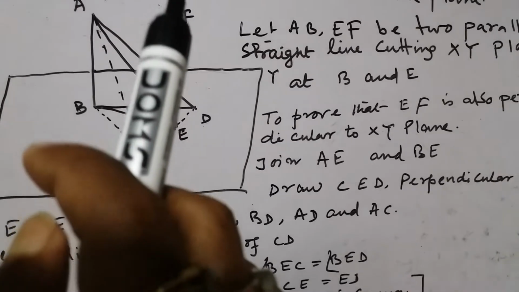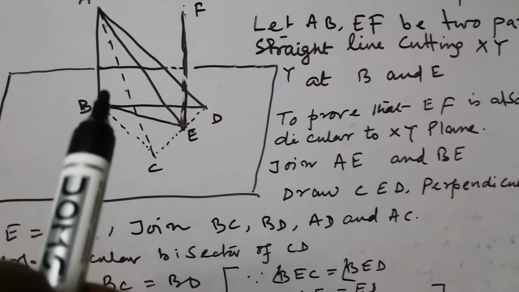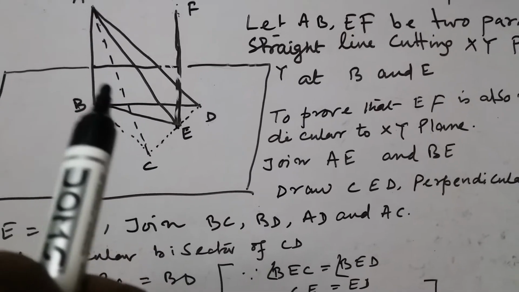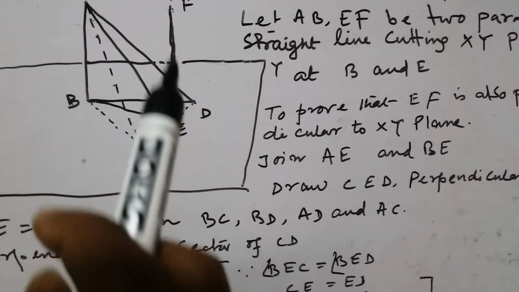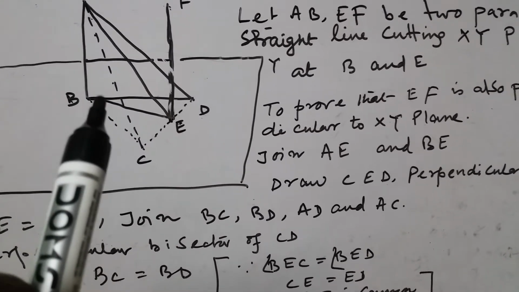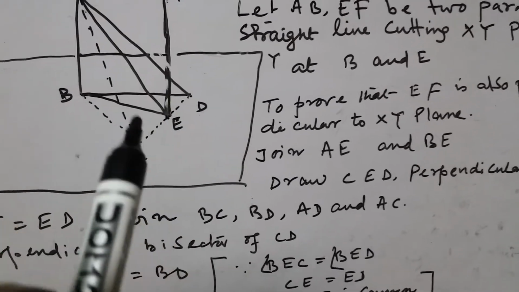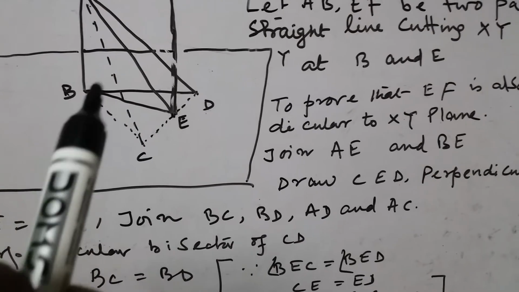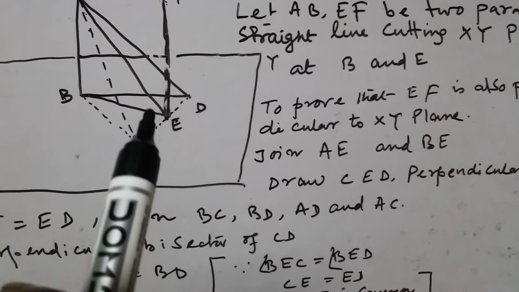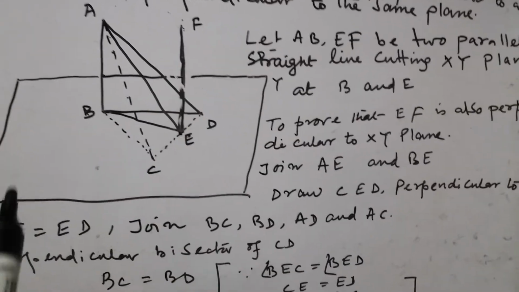So if AB and FE are perpendicular, then they are also parallel, because we know two straight lines are parallel when the sum of two angles is 180. If this is 90 and this is also 90, then these are parallel and they are in the same plane.